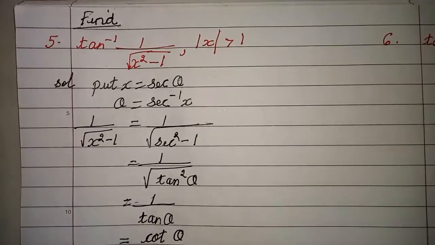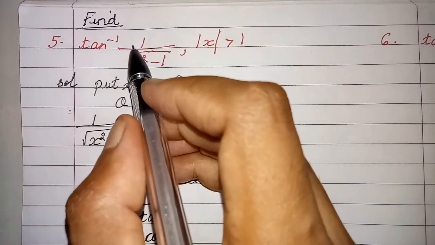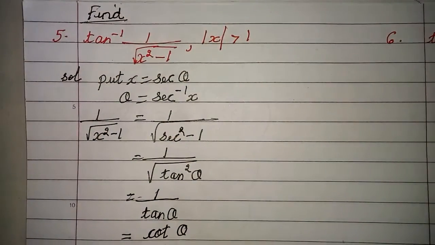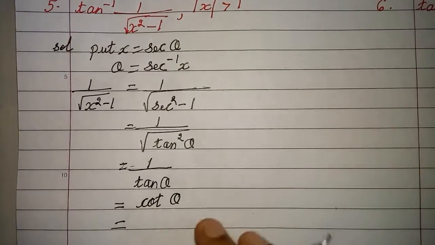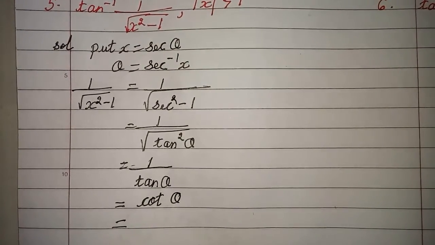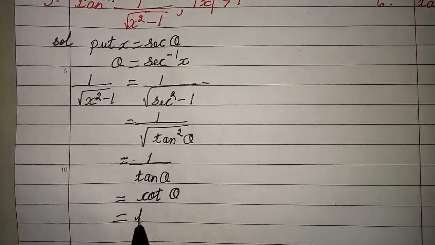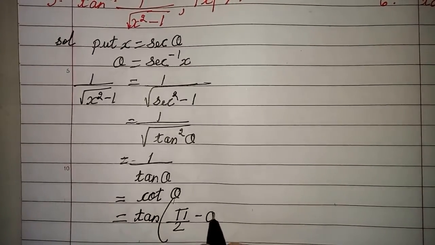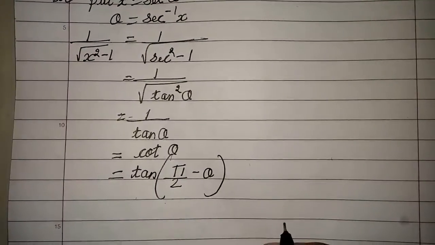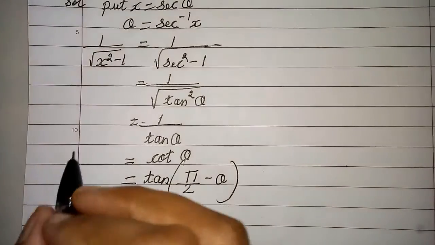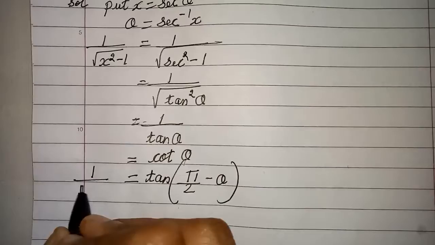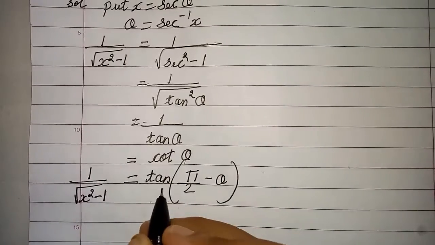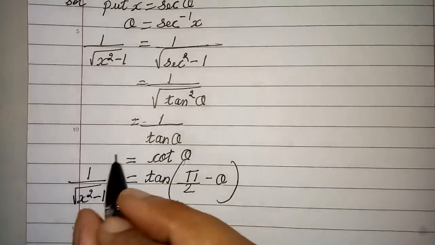But children, I want tan. Then tan and tan inverse, as I said before, can be simplified, but I have cot. So can I convert cot to tan? Yes, very good. How? Tan of pi by 2 minus theta is defined as cot theta, right? A ready-made formula. Now in the next step, this will go this side. Why didn't I take cot this side?